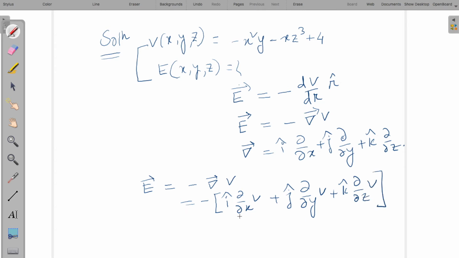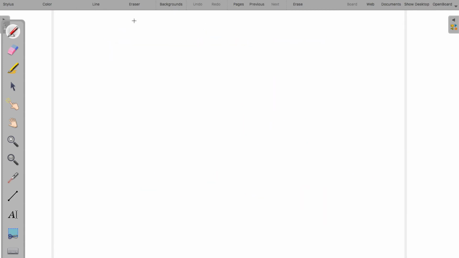So the next step is that we must calculate the components along i, j and k, right? So let's proceed to solve this problem. The potential V is given by minus x squared y minus xz cubed plus 4. We are just rewriting this potential here. So at first let's calculate the x component, meaning del V del x.